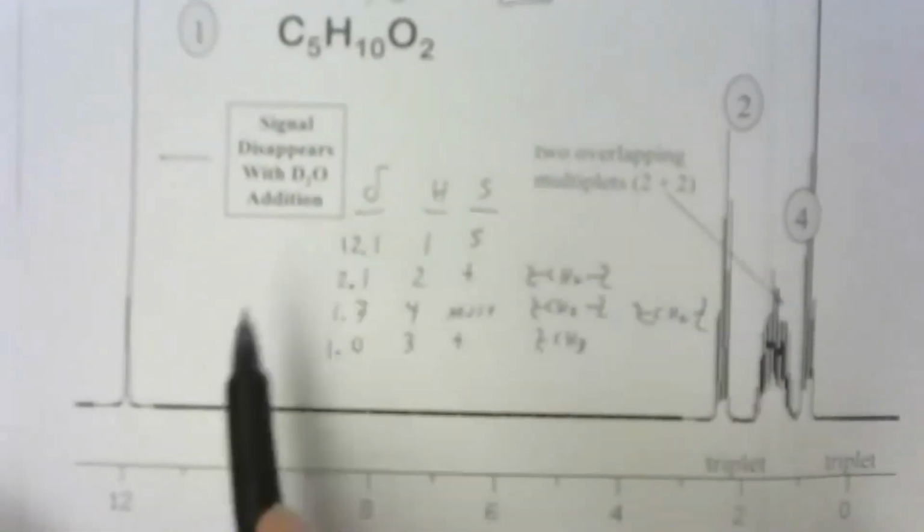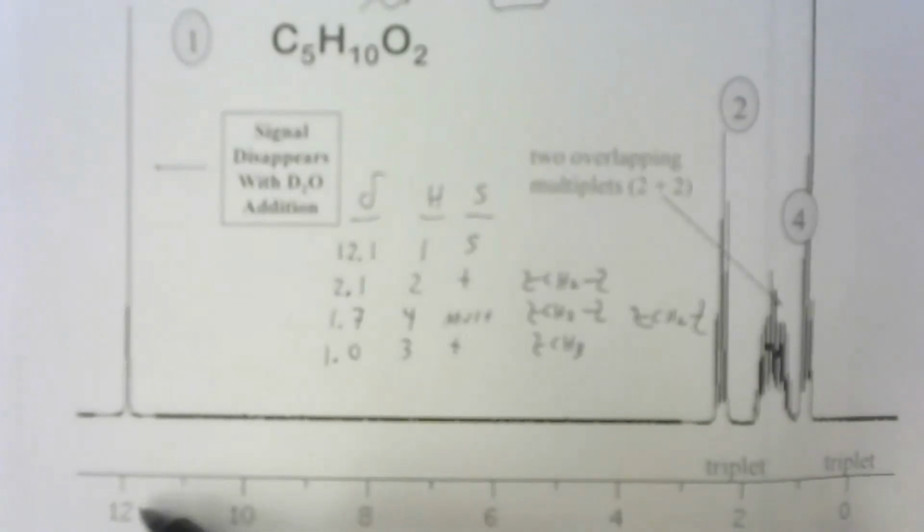Now, this one, it really helps us if we can remember our chart. Remember the chart? There's only one thing that comes way downfield. Well, somebody says OH, and that's correct. You know it's an OH because it disappears with D2O, right? But then if we also go look at the chart and we look at the 10 to 12 region, because 9 to 10 is usually aldehyde, 10 to 12 is carboxylic acid.